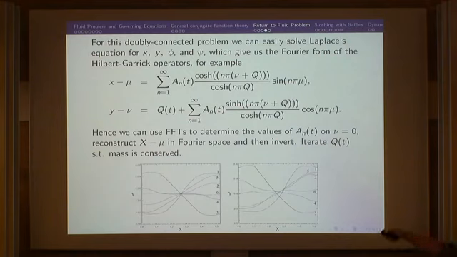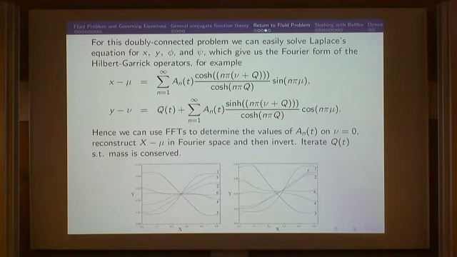If I evaluate this on the free surface, then this term is just 1, so I get a n of t times sine n pi mu. But I know what these a n are now from this term here, so I can reconstruct this combination in Fourier space, and then I take fast Fourier transforms to get me back out, which gives me x and t.